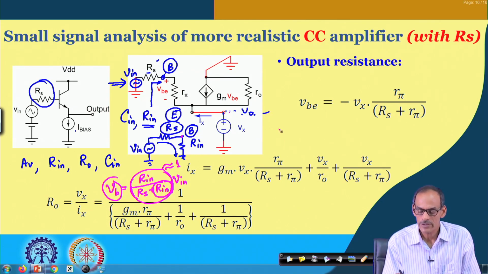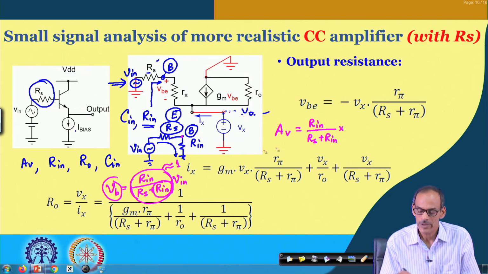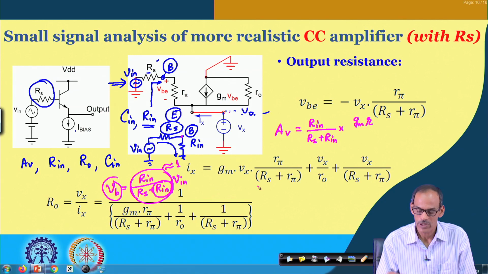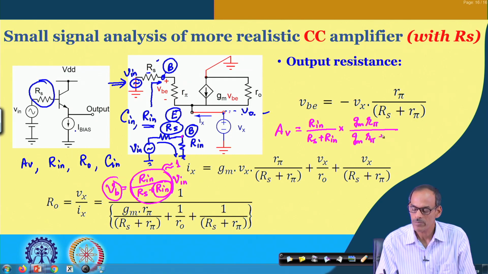So, I should say that the voltage gain A V, which in this case is R in divided by R s plus R in, multiplied by whatever the previous voltage gain we were having, namely if you recall it was G m into R pi divided by G m into R pi plus 1.